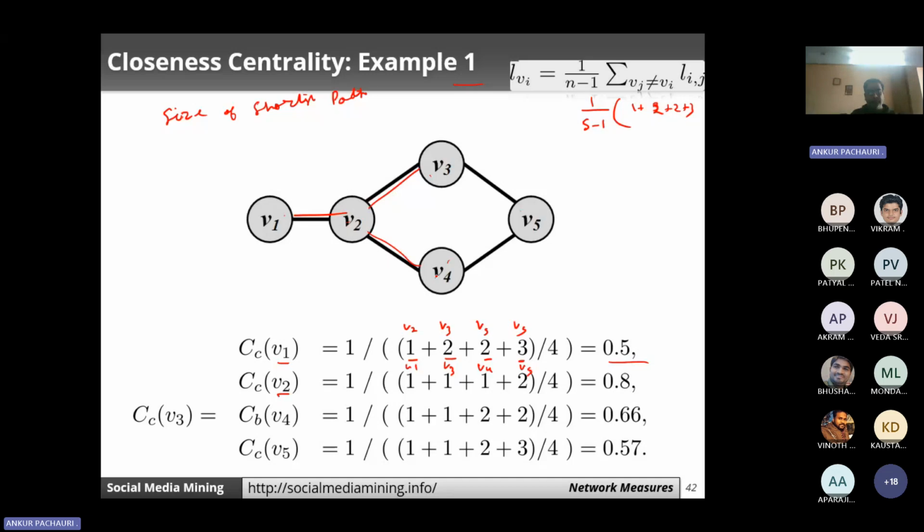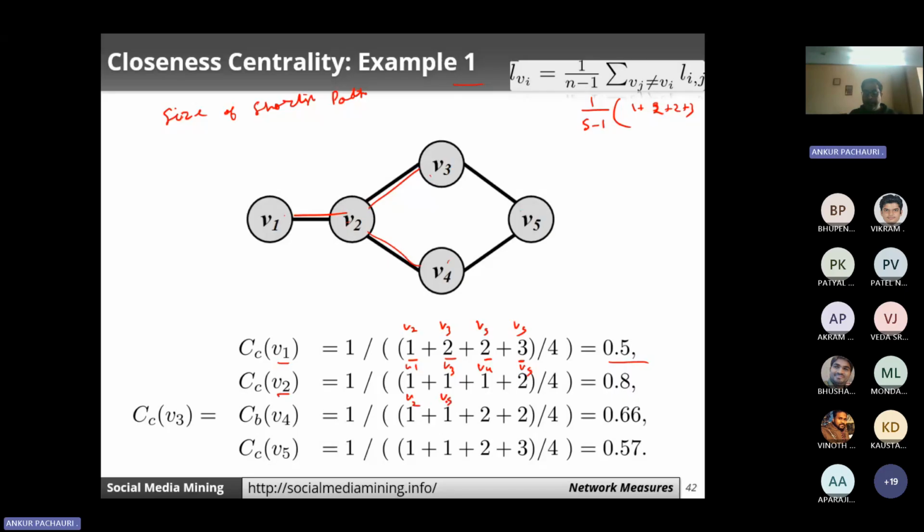Similarly, for v4, v1, v2, if it is v3 then v4, or if it is v4 then v3, then v5. No, it is not so. If it is v1, then v2, v5, 1, 1. If it is v3 or v4, then v2 or v5.